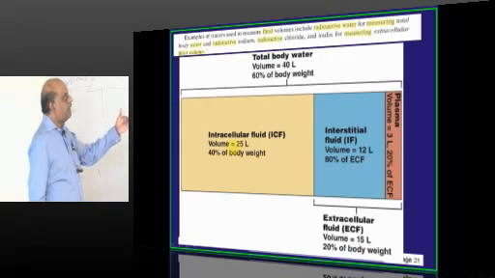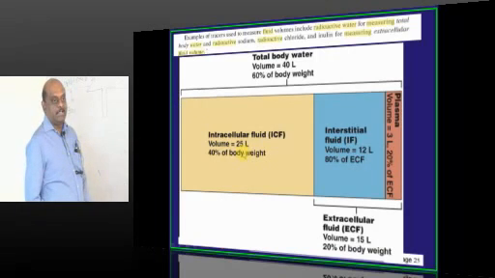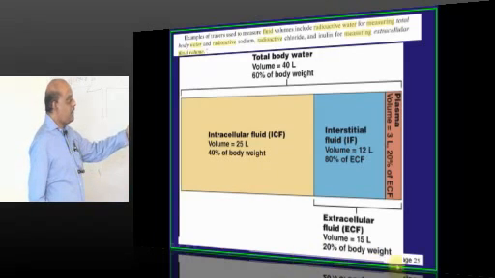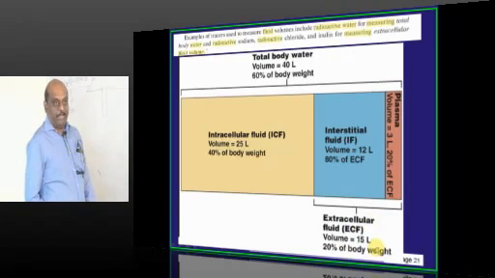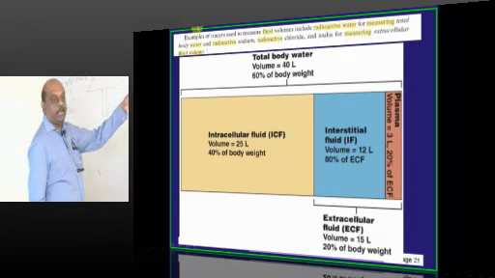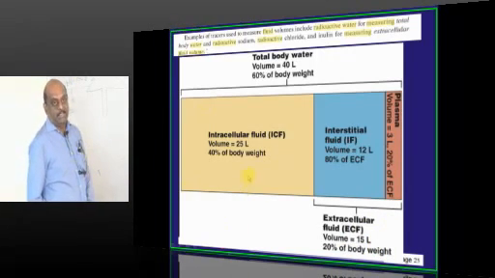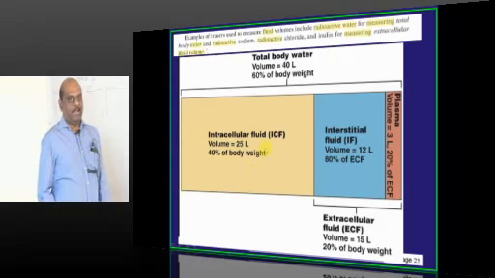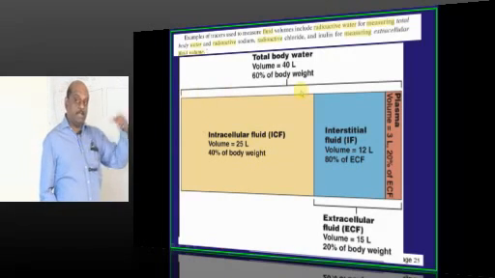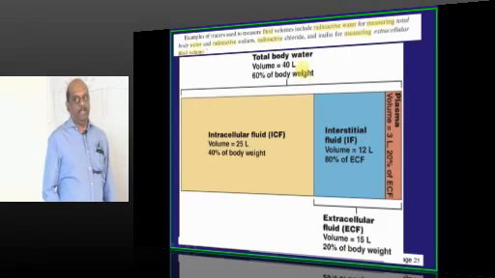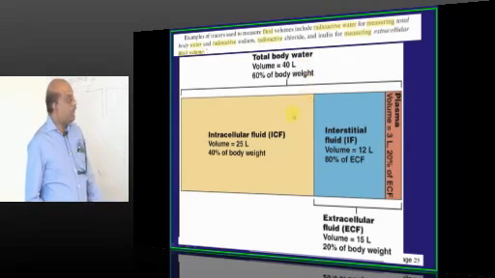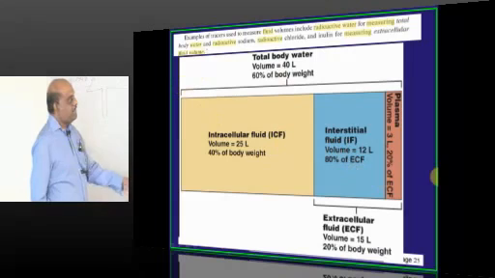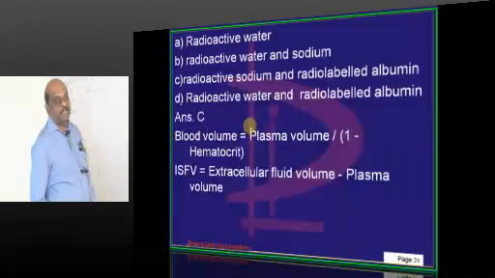And intracellular fluid is about 25 liters, which is 40% of body weight. And extracellular fluid is 20% of the body weight and volume of 15 liters. And the total body water is 60% of the body weight. A 70 kg individual contains 60% of 70 kgs, which is 42 liters of total body water. Out of that, 25 liters is intracellular, 12 liters is interstitial.